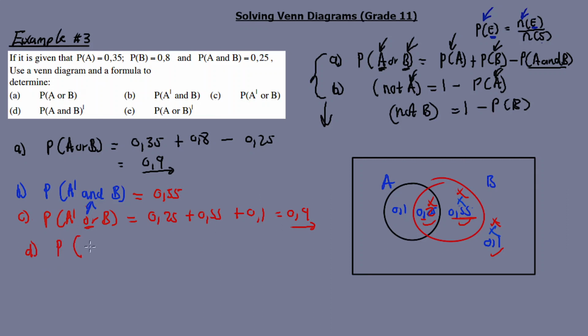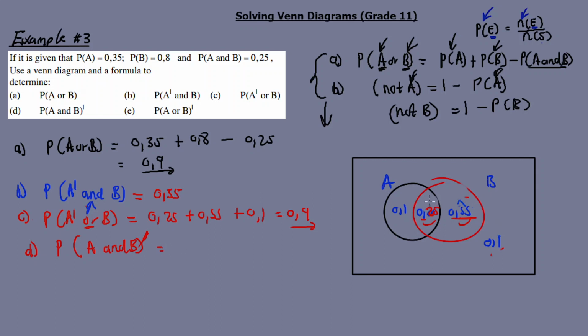Then D, the probability of not A and B. Not A and B. So now A and B, not, it's 1, 2, 3. Let's do this. We'll take the 0.25 here.